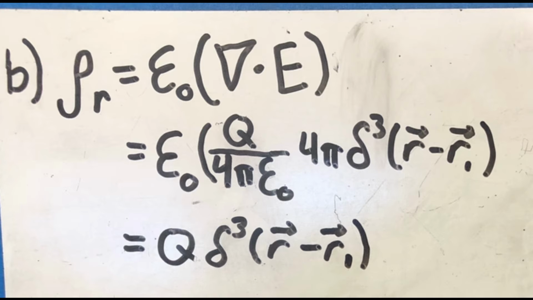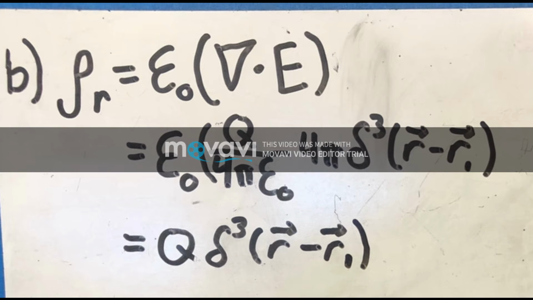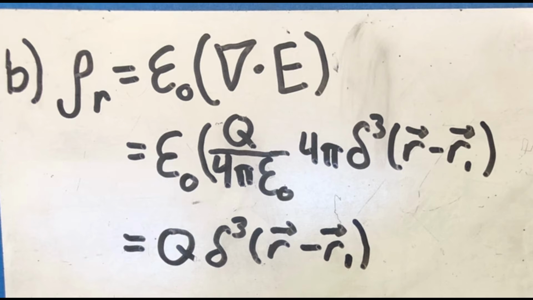Now, when you take epsilon naught times del dot E, you're going to have epsilon naught times q over 4 pi epsilon naught times 4 pi delta function cubed (r minus r1). Therefore, the charge density outside the sphere is going to be q delta function cubed (r minus r1).